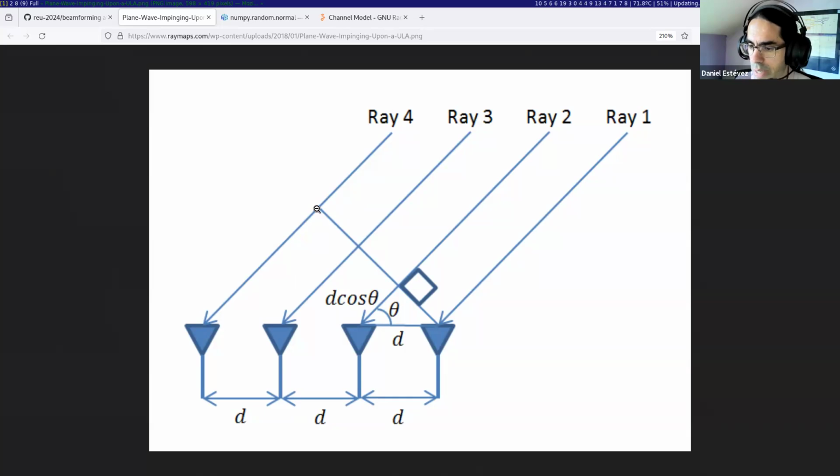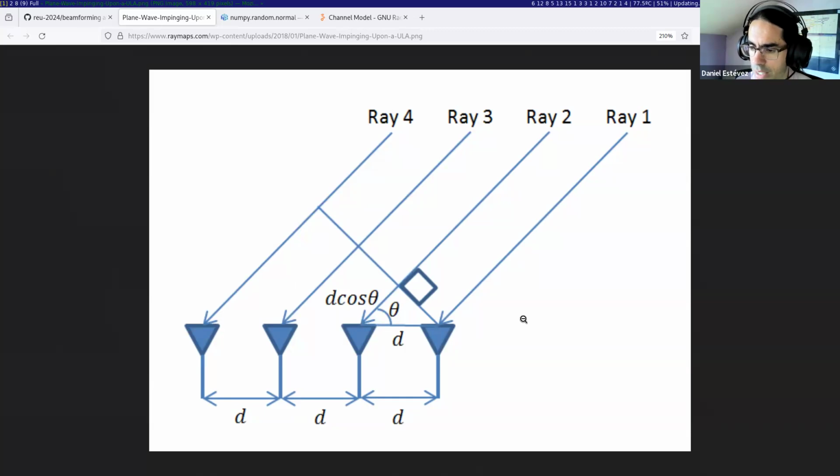So very well, that's basically what happens depending on the angle to the source for a linear array. And why should we care about that? We care about that because the extra delay here is something we need to correct for when beamforming.